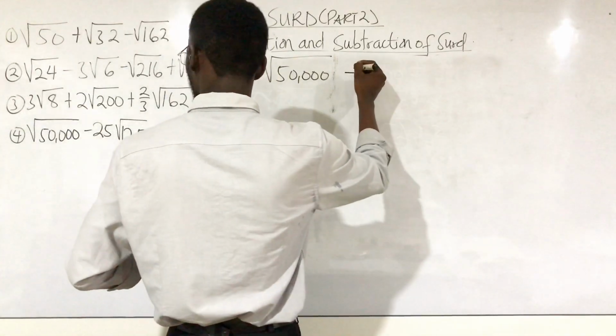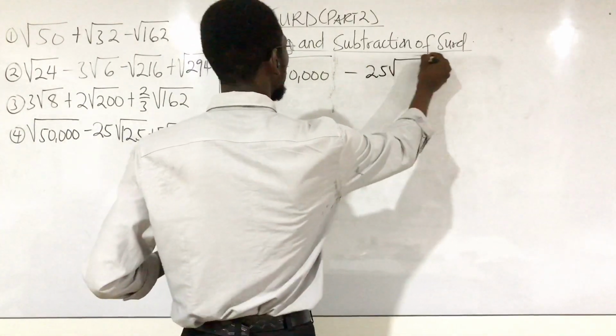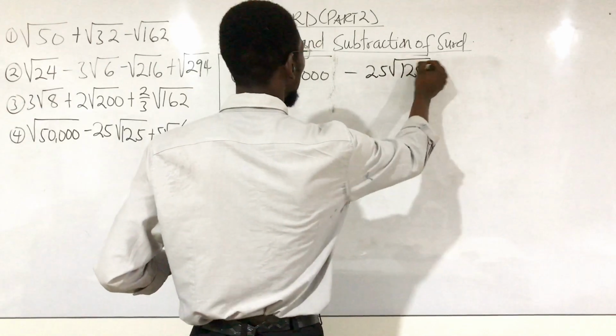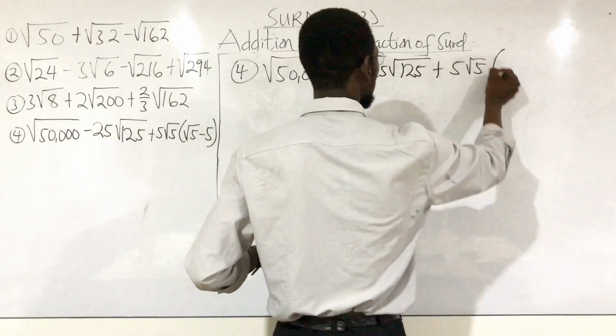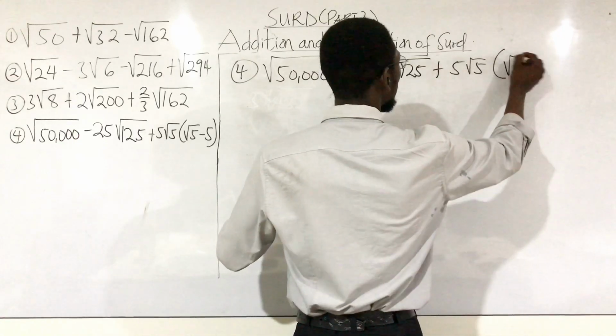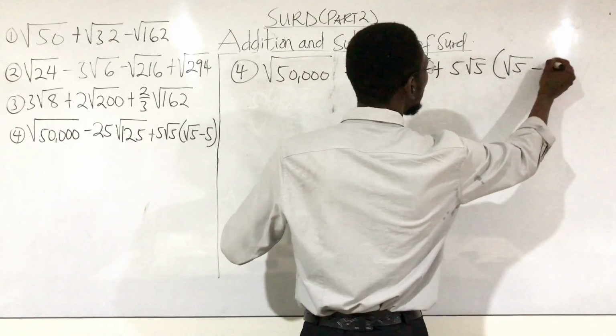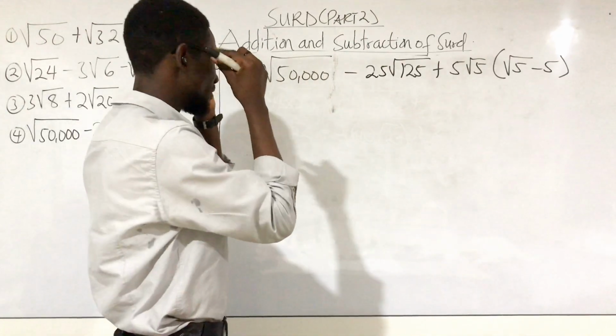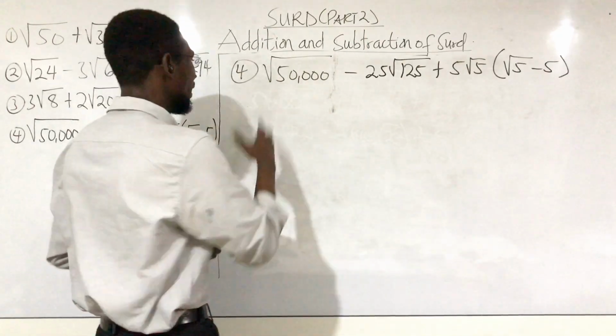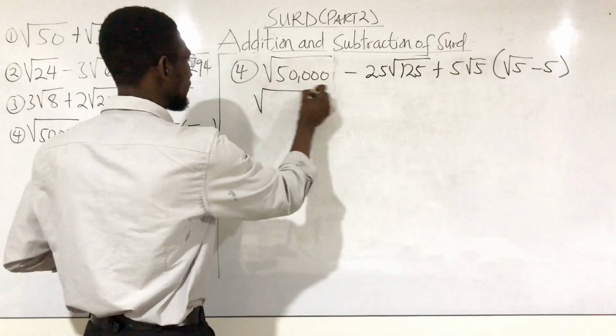So minus 25 root 125 plus 5 root 5 into bracket root 5 minus 5. This is a long question, but it's still very simple. So let's simplify. In simplifying, what two numbers give us 50,000?